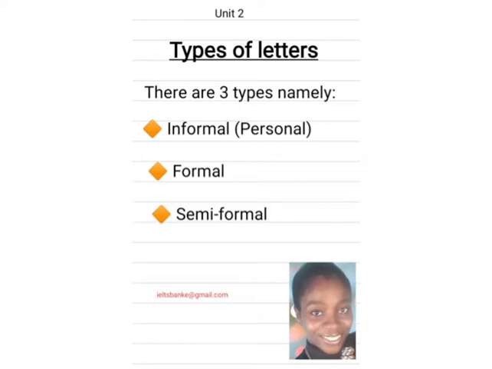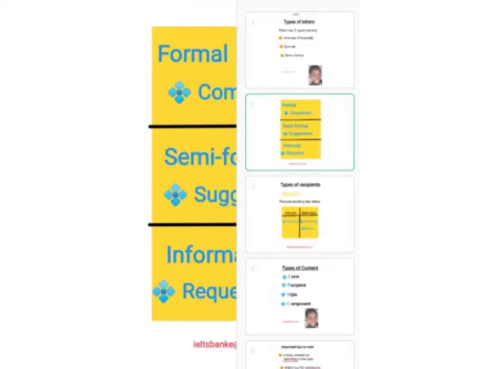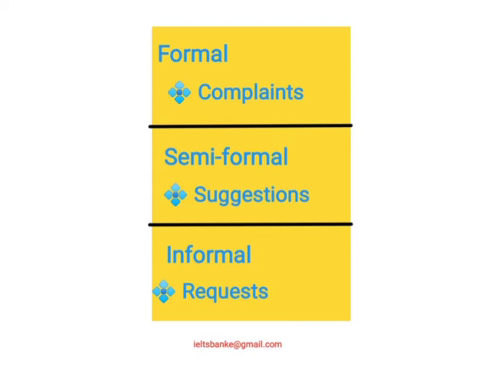There are 3 types of letters that are generally written in the IELTS General Training Writing Module, and they are the informal letter, which is also a personal letter, the formal letter, and the semi-formal letter. The formal letter will usually show certain content keywords like that of complaints.